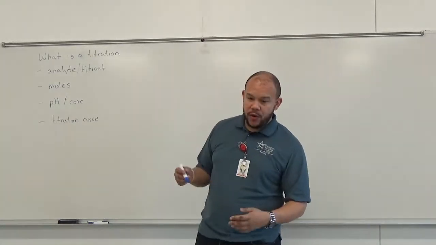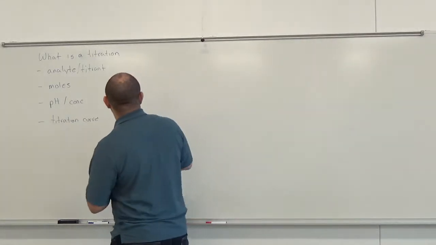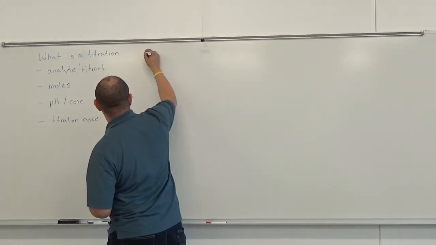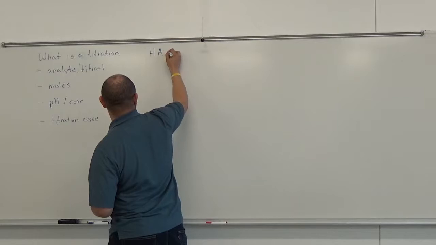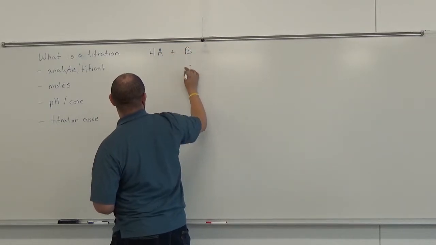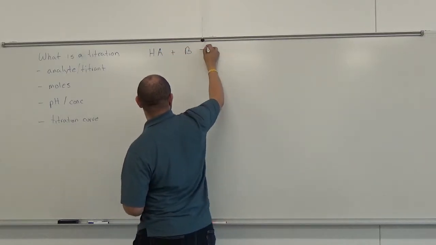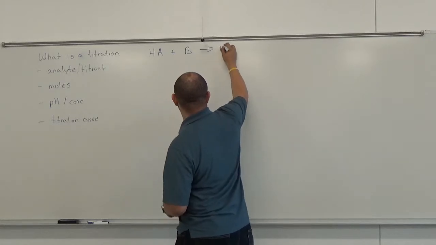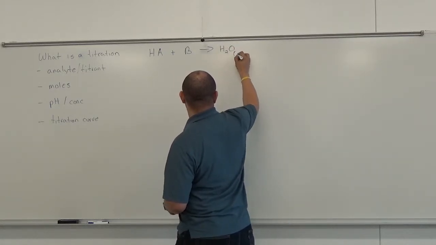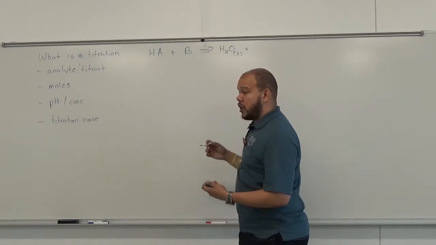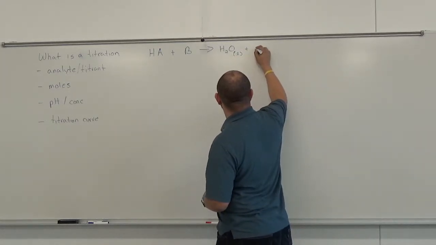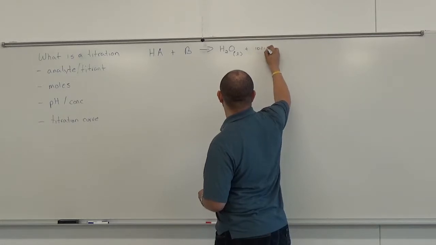So, a titration by definition is when you add a base to an acid to create water and, in most cases, an ionic compound, a soluble ionic compound.